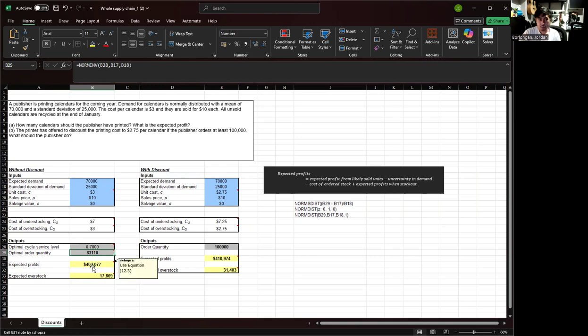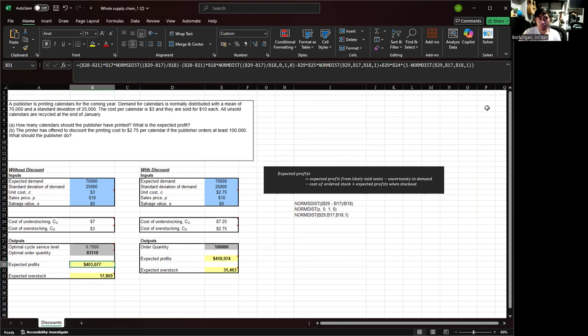As for the expected profits, it is composed of four parts. Firstly, the expected profit from likely sold units. There's also uncertainty of demand.